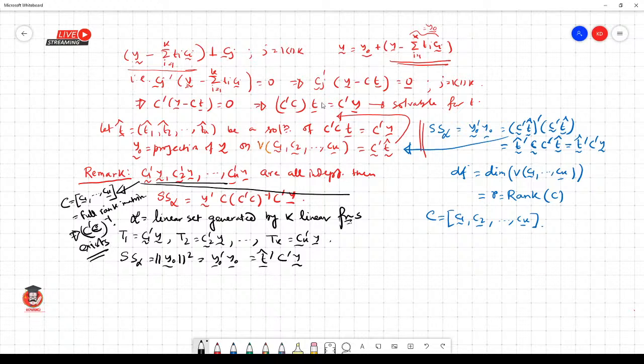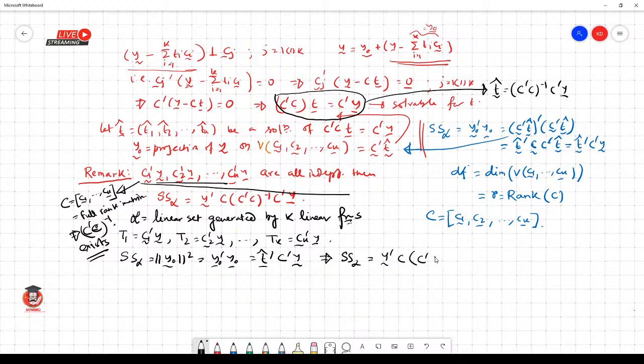So this means t curl hat equal to c prime c whole inverse c prime y curl, and therefore SSV equals y curl prime c, c prime c inverse c prime y curl. Okay, next remark.